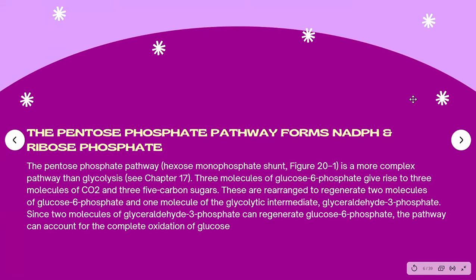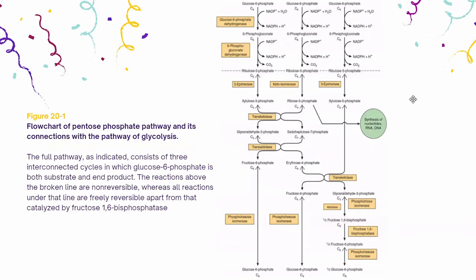Oh, here you are. The flow chart of the pentose phosphate pathway and its connections with the pathway of glycolysis. So this is connected to glycolysis. Now look at this. This is what I just want to emphasize here. Glucose 6-phosphate dehydrogenase. Now in the pentose phosphate pathway, 3 glucose molecules are right away taken up.